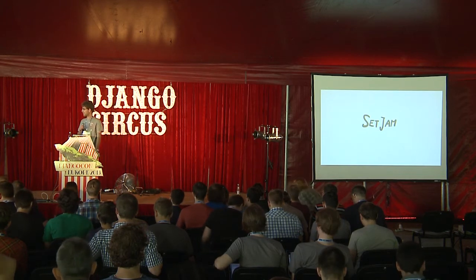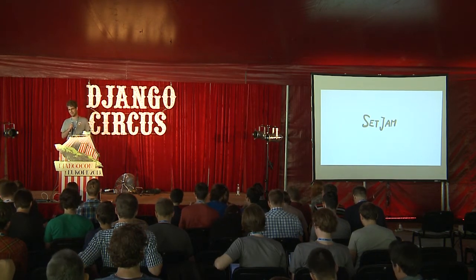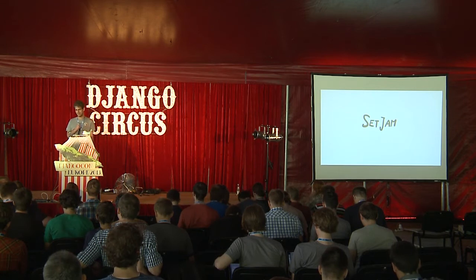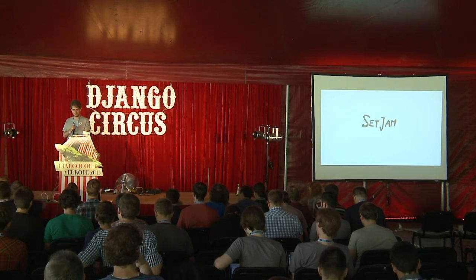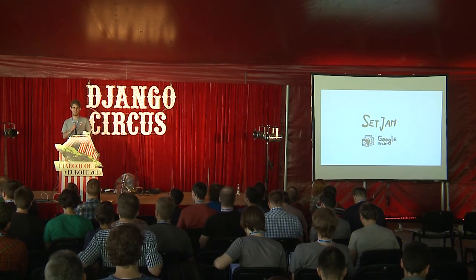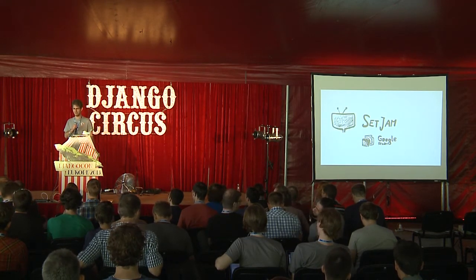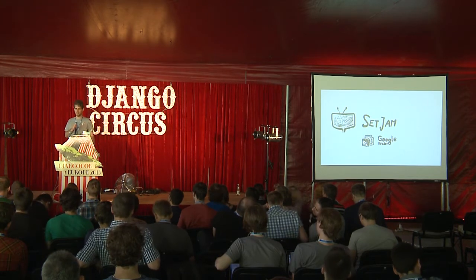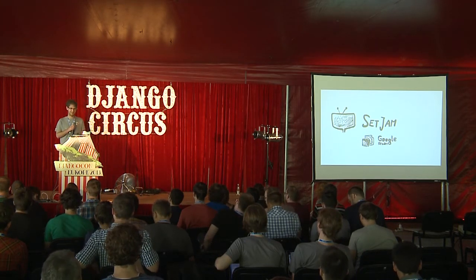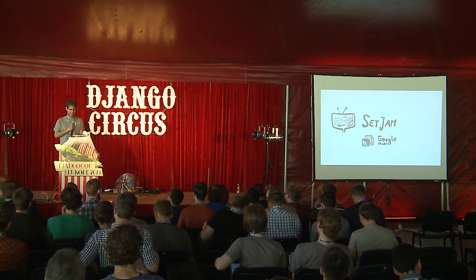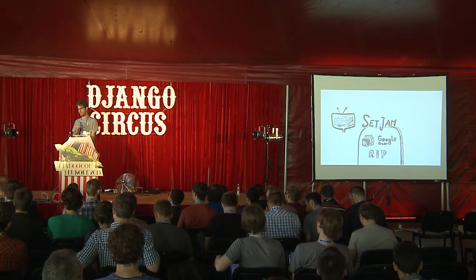So we start with SetGem. SetGem is a startup. I joined 4 years ago. Basically, it's something like Google Reader, but for TV. TV is more popular than RSS feeds among normal people, I guess. Oh, by the way, rest in peace.